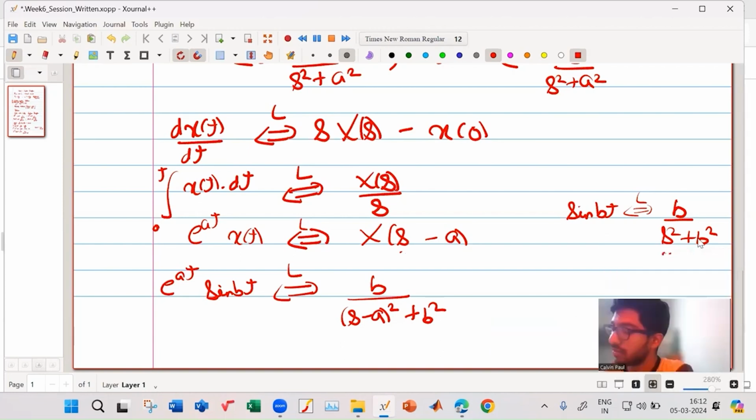Sir, please repeat once again. My net is sir off for some time. Okay. E to the power 80 of x of t is x of s minus a. So if I have Then Laplace of okay sir. Then Laplace of bt equal to b by x square plus b square. Hmm. Right, sir.